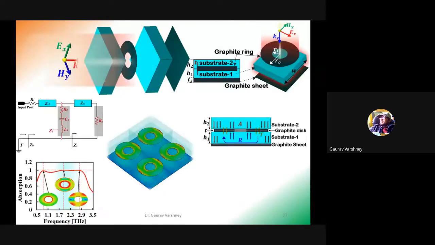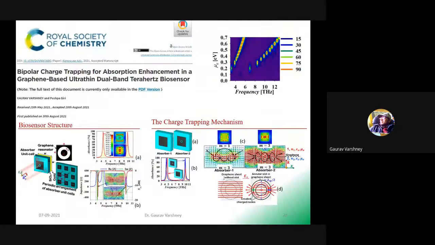There is another research work that we carried out recently, and this was the most emphatic research work a researcher can achieve in this publisher. It was published in the Royal Society of Chemistry, a most reputed research publication, in the Nanoscale group of articles. The title is bipolar charge trapping for absorption enhancement in a graphene-based ultra-thin dual-band terahertz biosensor.